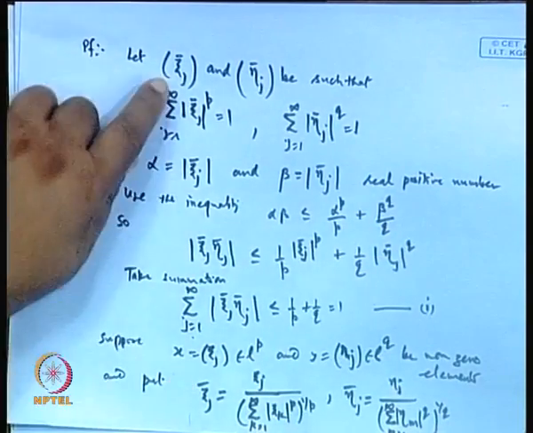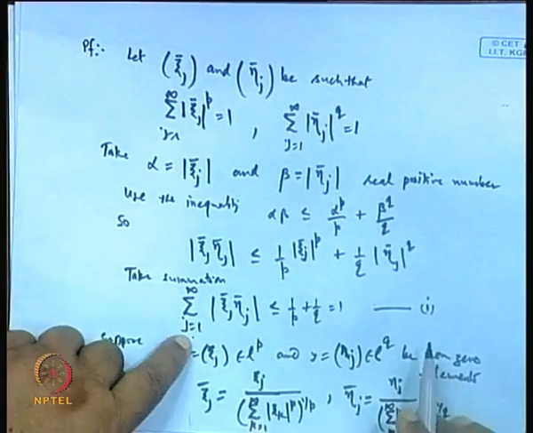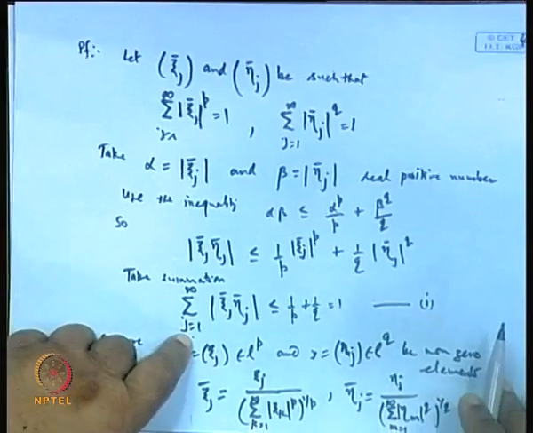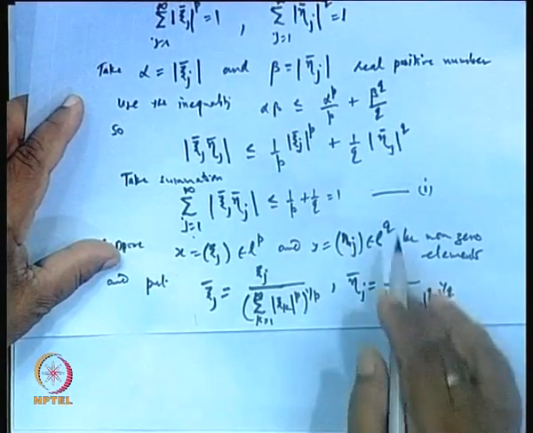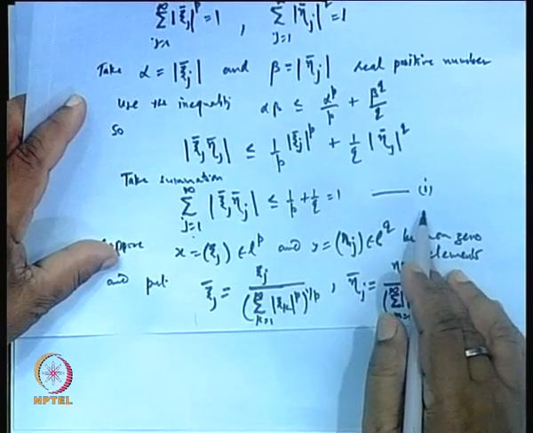Hence, the sequences which satisfy this condition must satisfy 1 also. So, we can say this type of sequence xi_j bar, eta_j bar must satisfy 1.